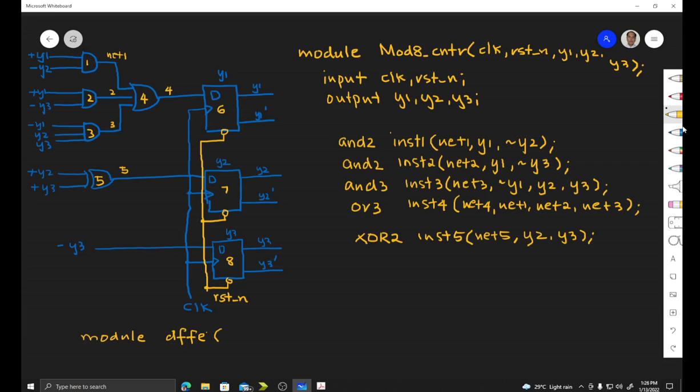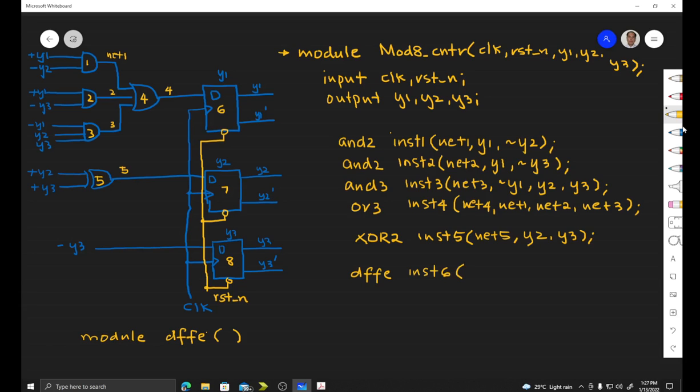We are going to instantiate that flip-flop in this module. So we use its name, DFFE, so that is DFFE, number 6, so int 6.